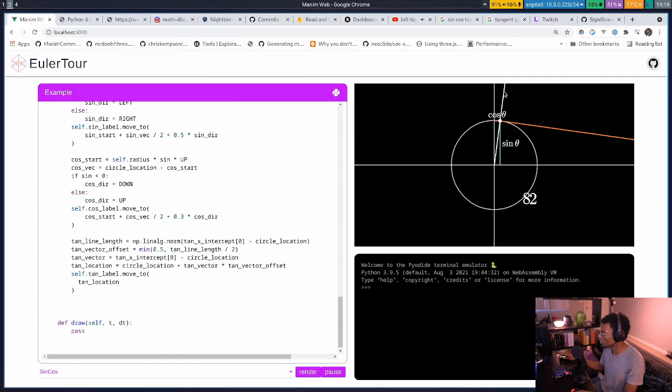And here it moves off the screen. So this tangent vector offset can grow without bound. So how is that possible?